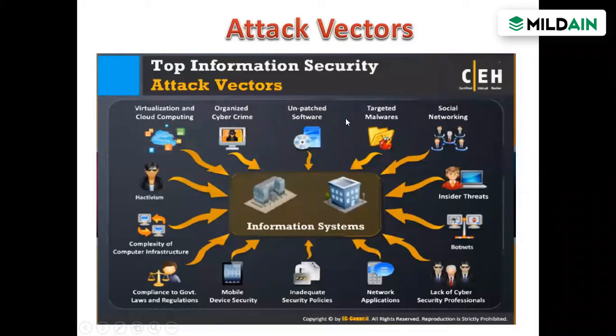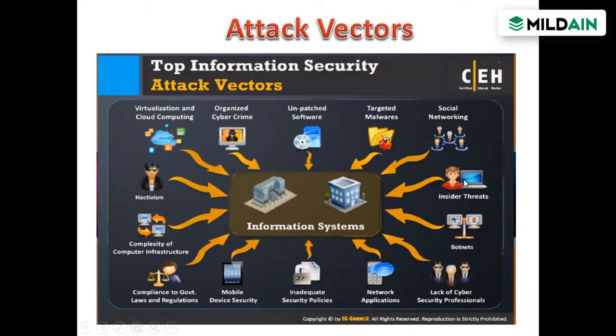The second channel of attacking is using targeted malware. Malware, I already told you, could be in the form of viruses or trojans. Those can be used to attack the target. Then there is social networking, where you fool people into giving you some attack vectors. Next is insider threats.